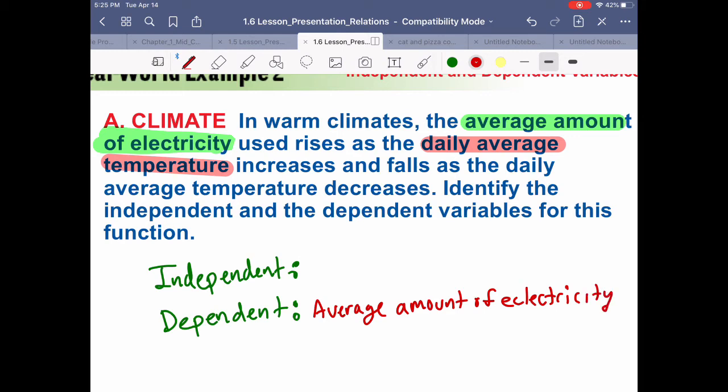Alright, so the average amount of electricity depends on the daily average temperature. And that's it. We have identified the independent and dependent variable for the problem.